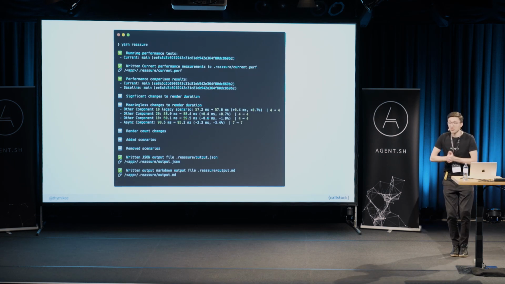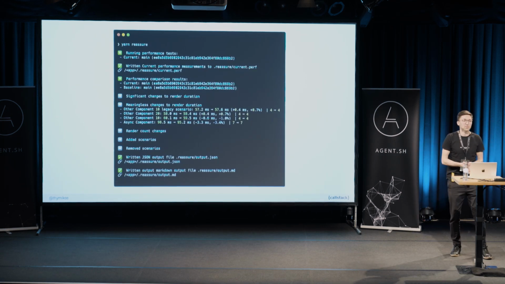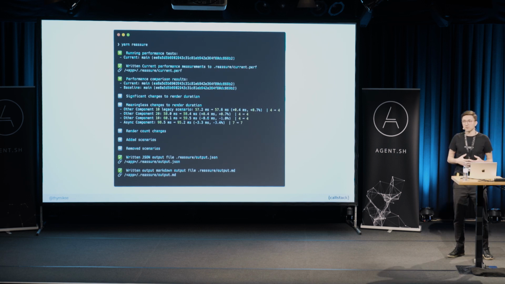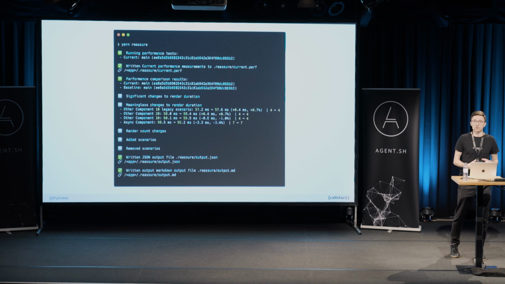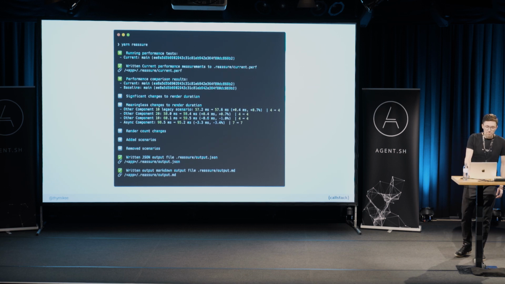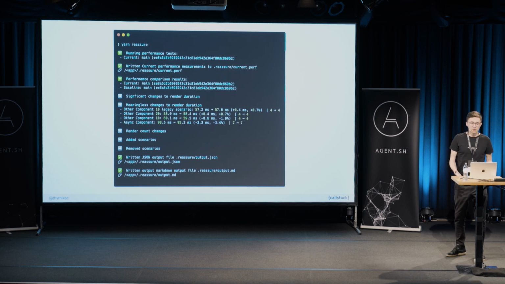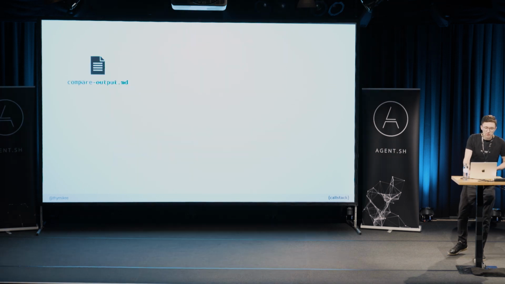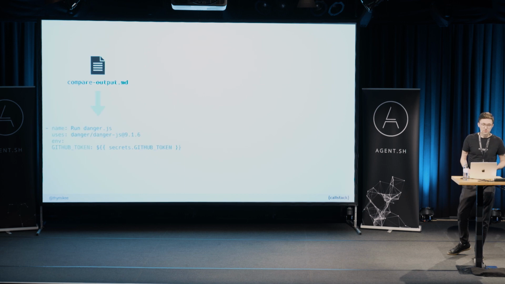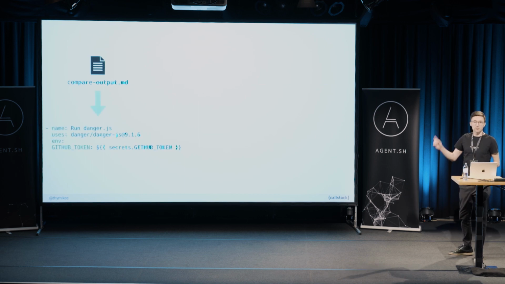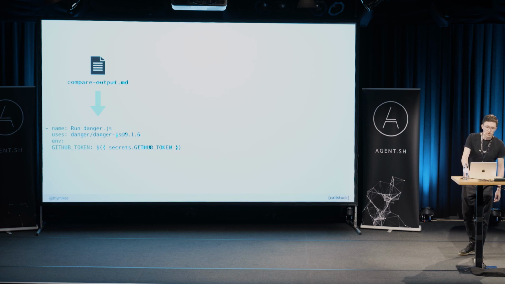And having all of this data, we can present you the render duration times and whether they're statistically significant or meaningless. We can also show you the render count, which React Profiler gives us for free. All of this information is stored in JSON, performance analysis, but we can also put this in Markdown file, which is actually the source for the commenting bot run with Danger.js I just mentioned before.